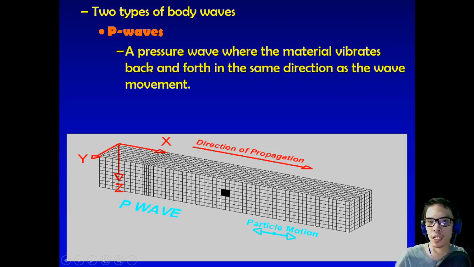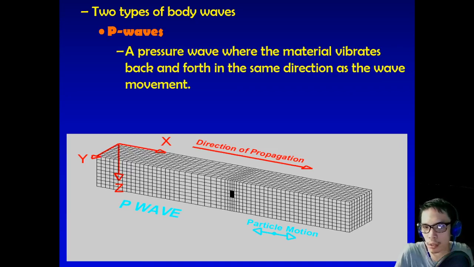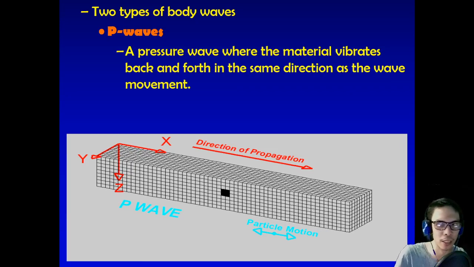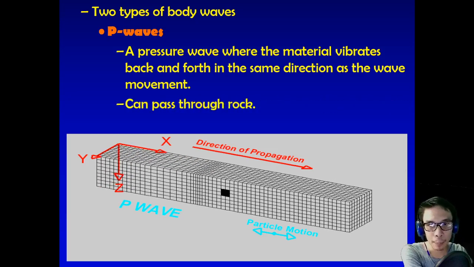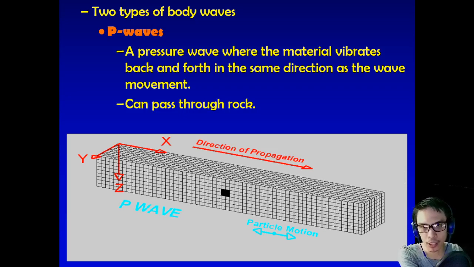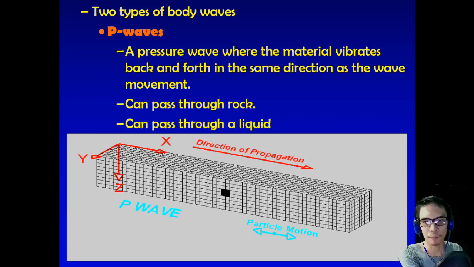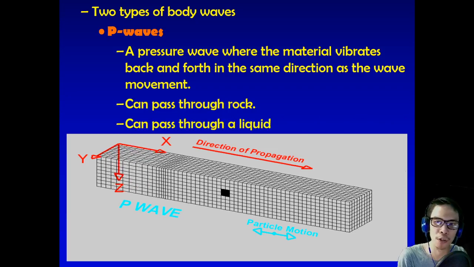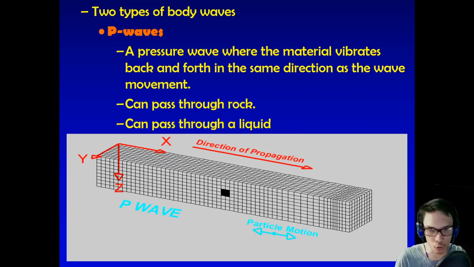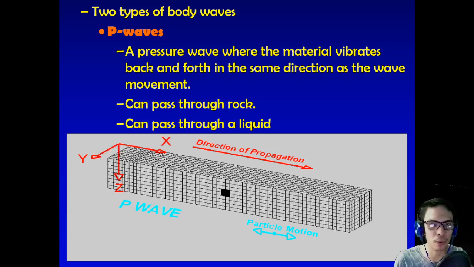So P waves go back and forth in the same direction as the wave movement. They can pass through solids, and not only solids but also liquids. So they can pass through both of those media. That is the P wave.